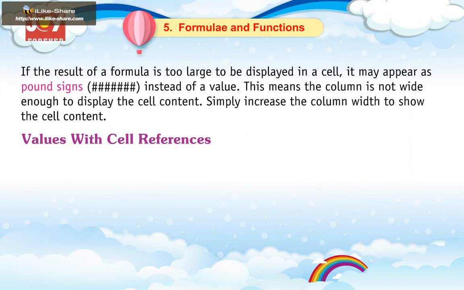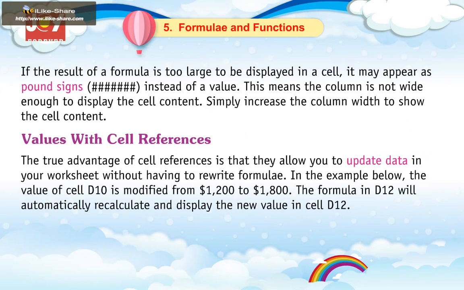Values with cell references. The true advantage of cell references is that they allow you to update data in your worksheet without having to rewrite formulae. In the example below, the value of cell D10 is modified from $1200 to $1800.